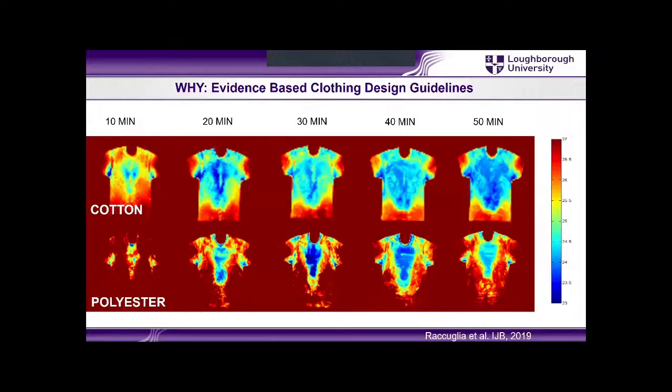The third main application is in clothing design. A lot of companies are interested in evidence-based clothing design guidelines. They want to know what they should do in terms of selection of fabrics. This is a picture taken from Margherita Cuglia's paper in 2019, looking at moisture absorption by 2 different clothing types, both t-shirts but different materials, across a 50-minute run.